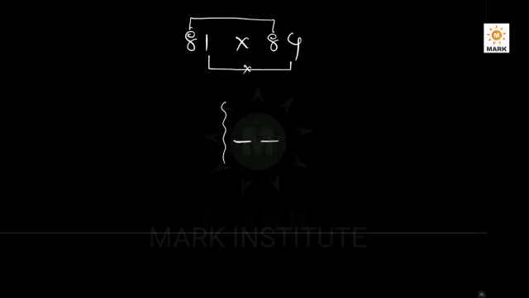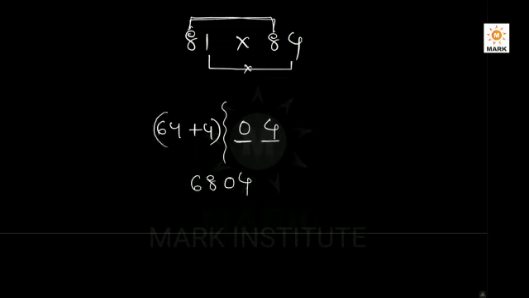It is 4, but you have to write 2 digits, that means 04. Now the left side part: 8 into 8 is 64. What is half of 8? Half of 8 is 4. 64 plus 4 is 68. 6804 is your answer. See how easy it is.